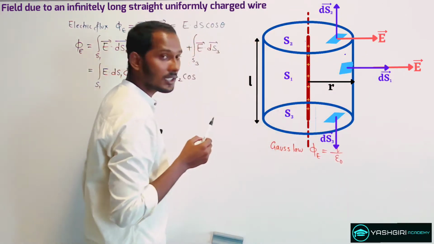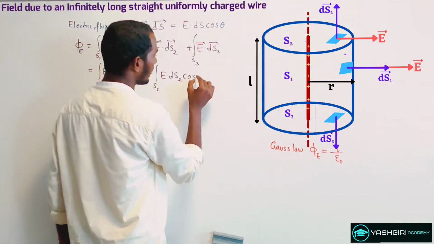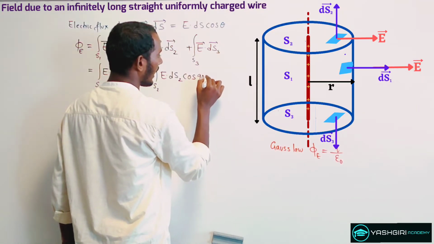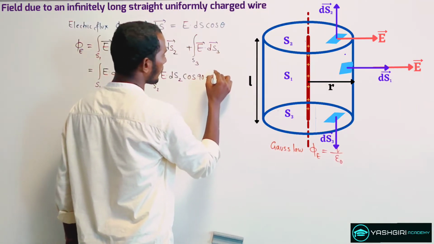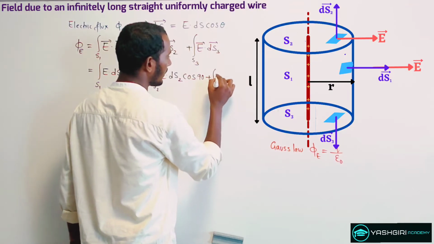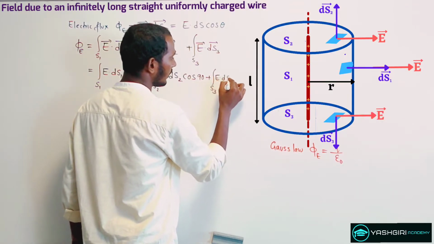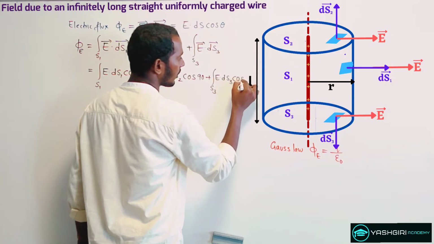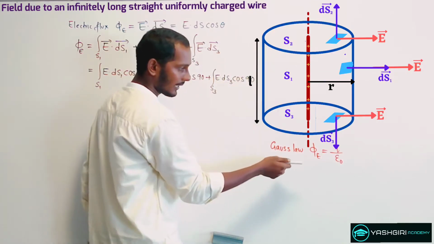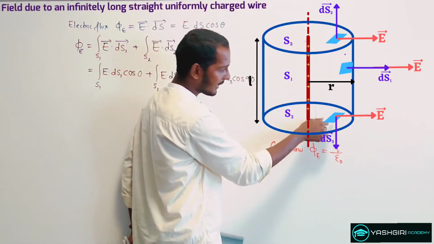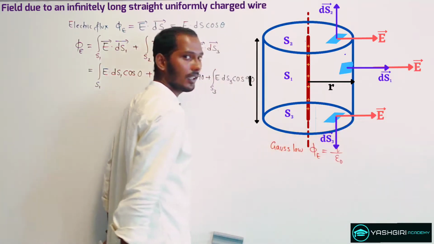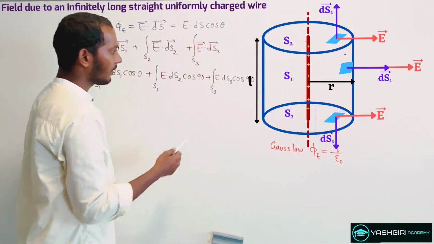So that forms 90 degrees here. So in this case theta is 90, and the same for S3: the electric field dot dS3 times cos 90. The n cap is pointing downward, and the electric field is radial, so again 90.